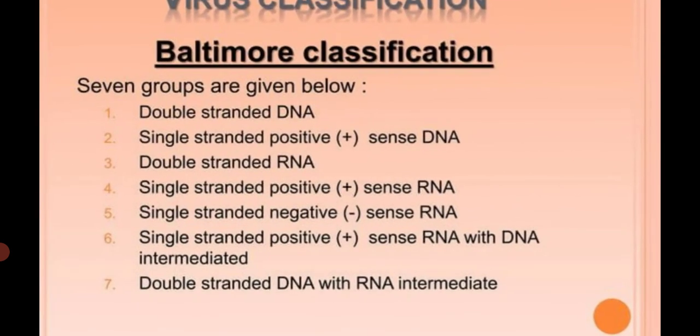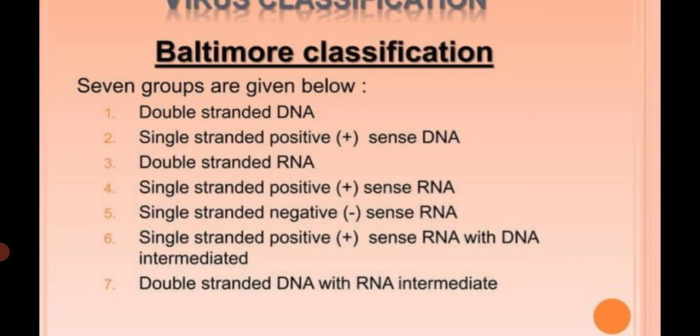The first group shows double stranded DNA viruses, second single stranded positive sense DNA, third group double stranded RNA viruses, fourth group single stranded positive sense RNA. In the fifth group he put single stranded negative sense RNA containing viruses.